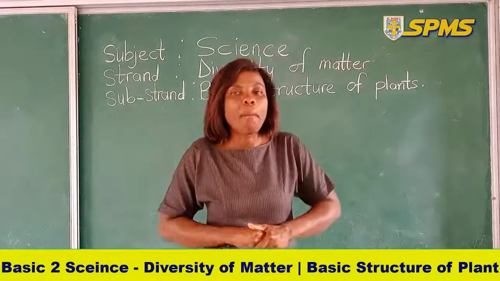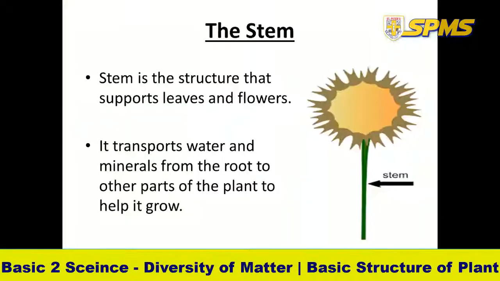Now let's look at the other part of the plant, which is the stem, the middle part of the plant. The stem. Can you see the stem on your screen? Good. Look at where the arrow is pointing to. What does it do, the stem? The stem is the main structure that supports leaves, flowers, or the fruits.